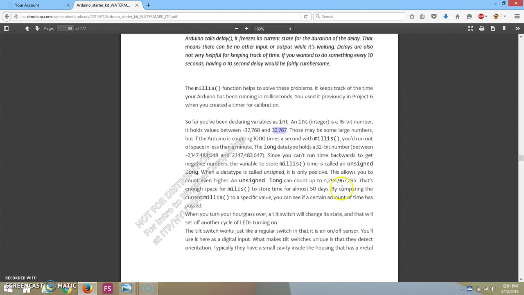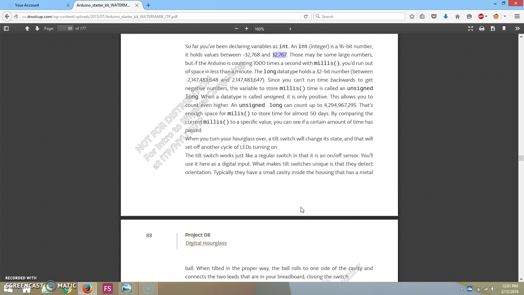And we need way more. So we'd be using about 600,000 to equal our 10-minute increment, which is basically why we need to use the long instead of the integer.